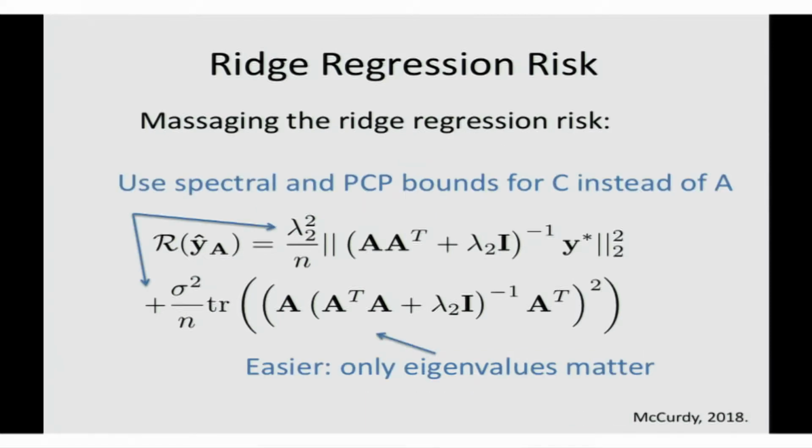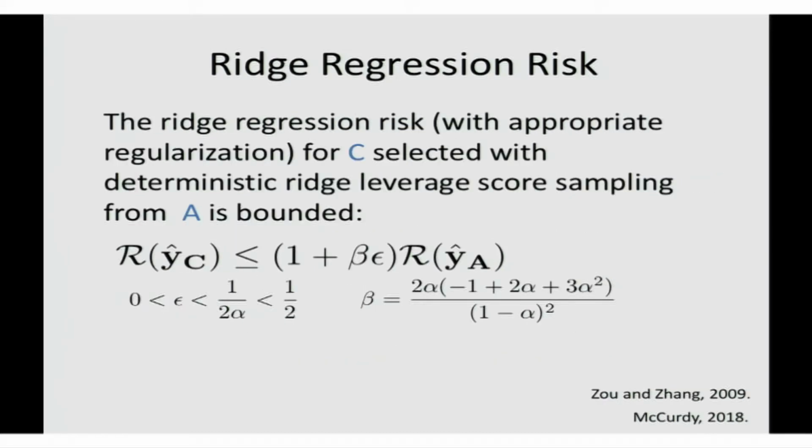I won't walk through the proofs, but just to let you know, the spectral bound is extremely important for being able to prove this bound on the risk of the estimator, and you also need to use your projection cost preservation bounds. It turns out that the variance piece is a little bit easier to prove than the bias piece in this particular case.